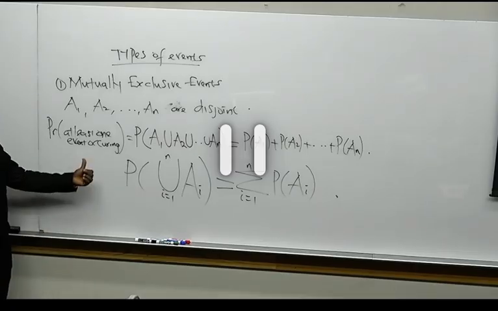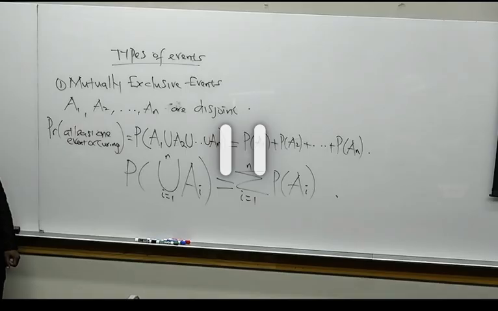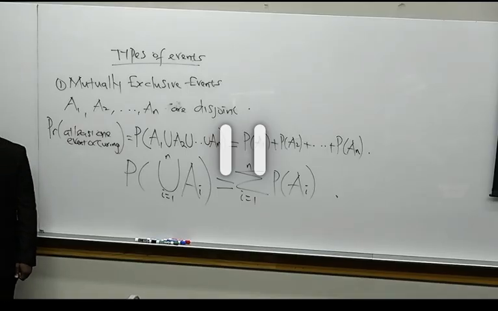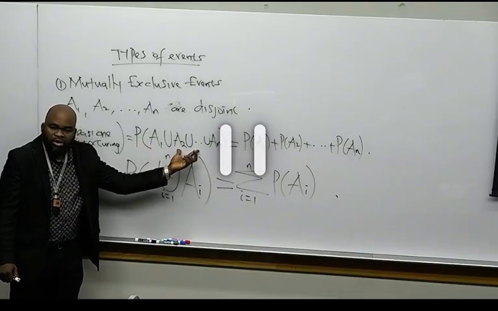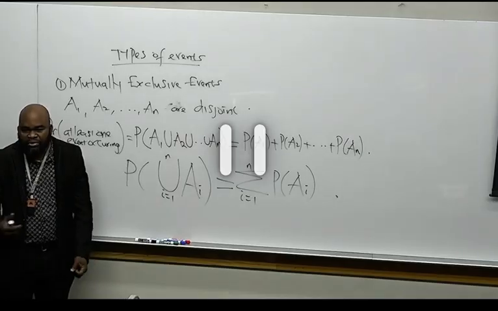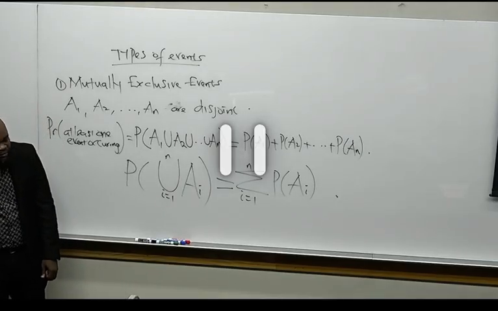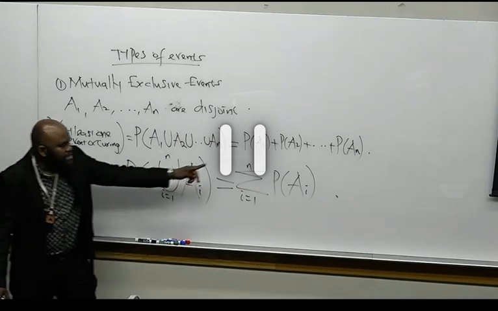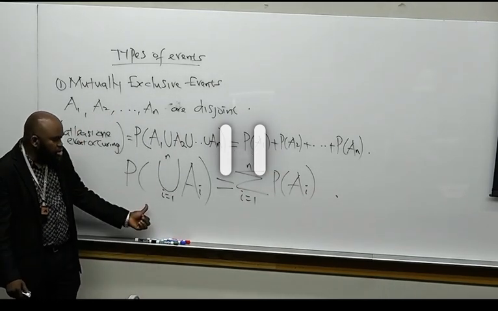What I want to figure out here is the probability that at least one occurs. That is the probability of the union of all the events, and going by additivity in the axioms of probability, it's going to be the addition of the individual probabilities.